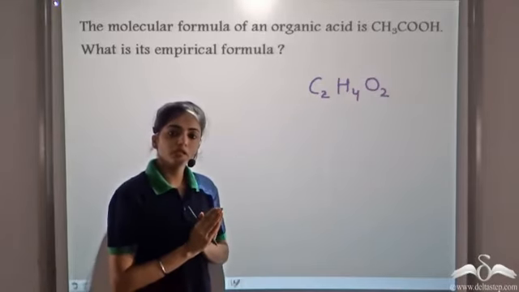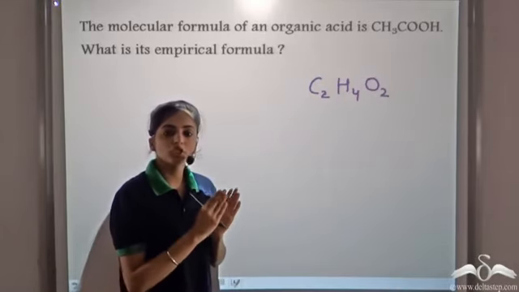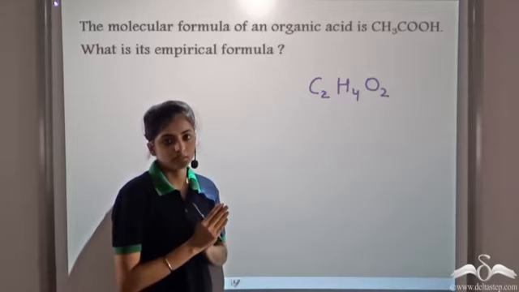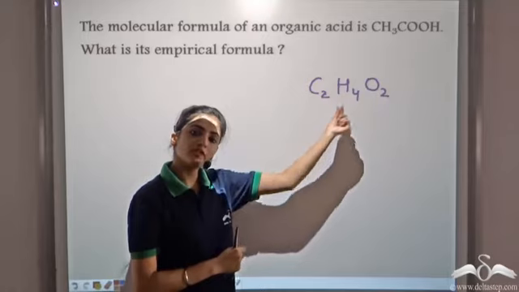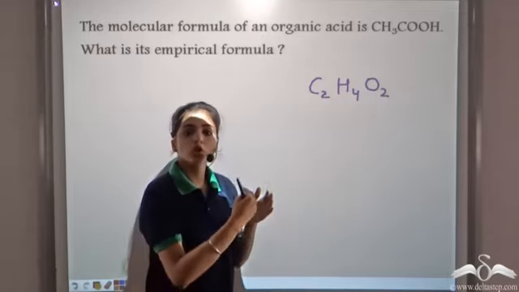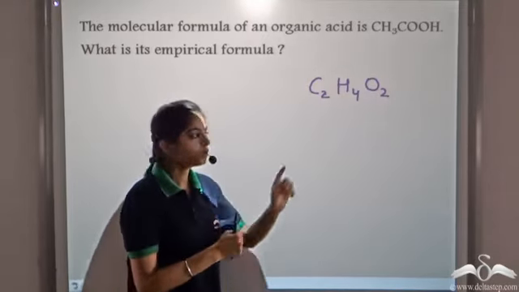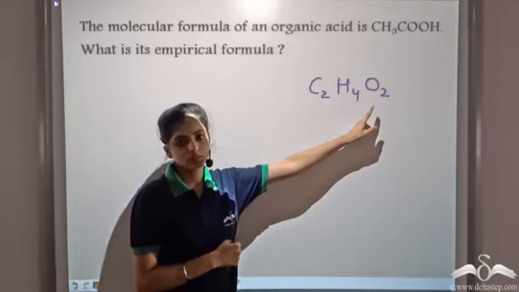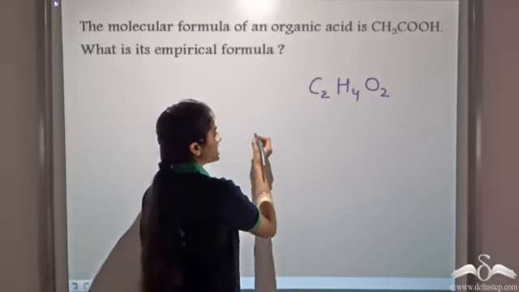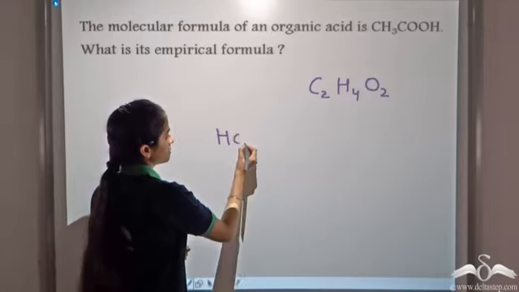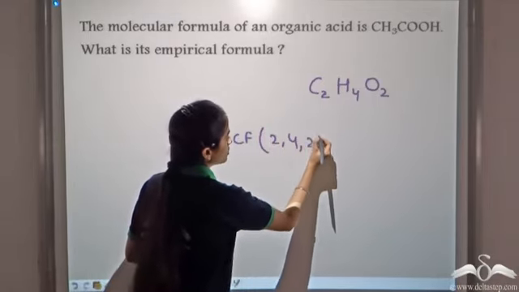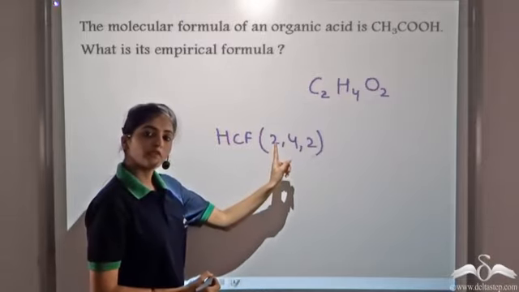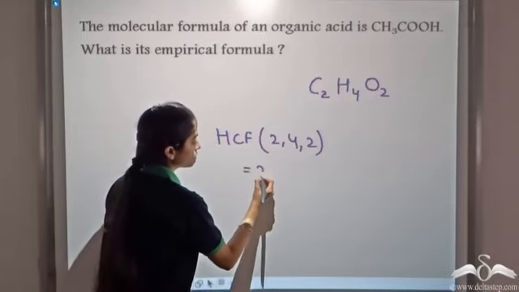We know the empirical formula shows the ratio in which the different atoms are present. So we simplify the different atoms to get the simplest ratio of the 3 atoms. If we take the HCF of 2, 4 and 2, the HCF is 2.